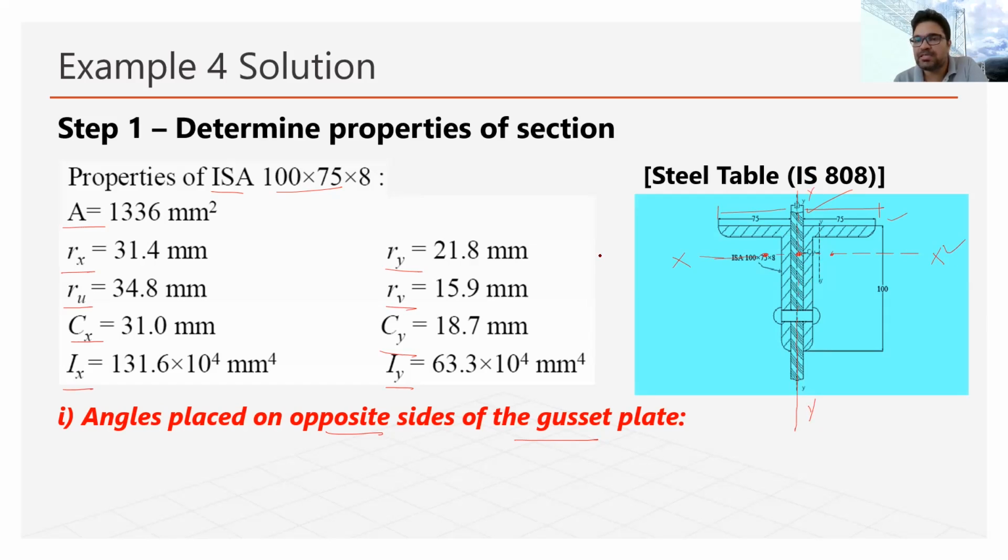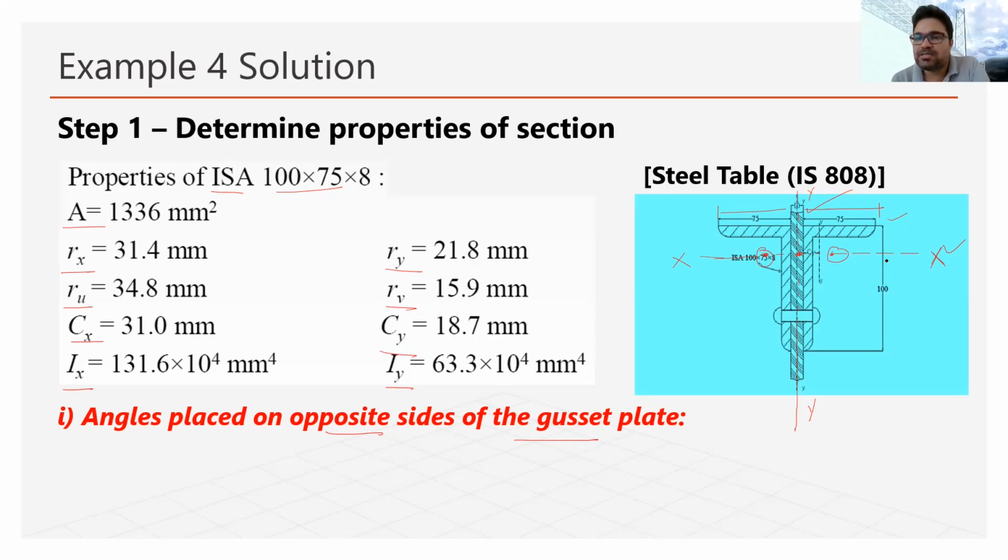Now you can see that the x-axis of the whole assembly is passing through the CG of the individual angle section, and also along the combination of the whole section. So you can see all three CG are on the same axis, which is the x-axis.